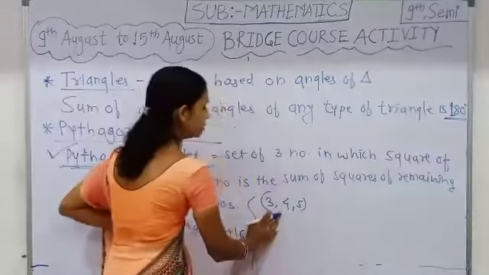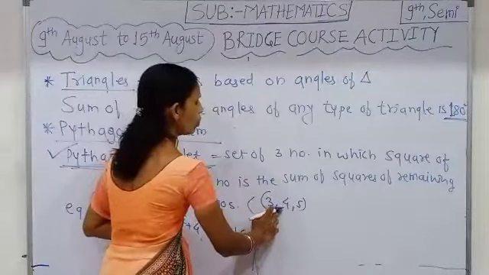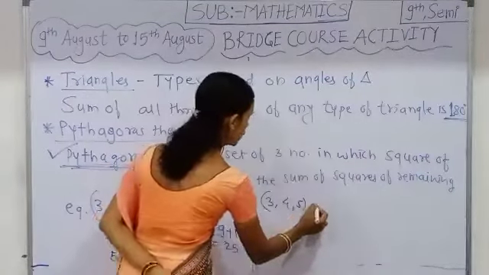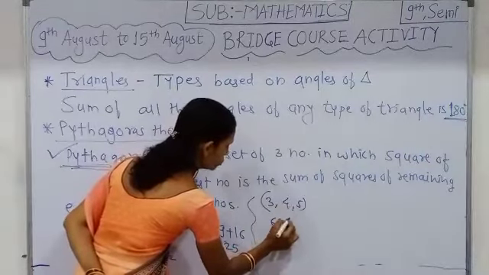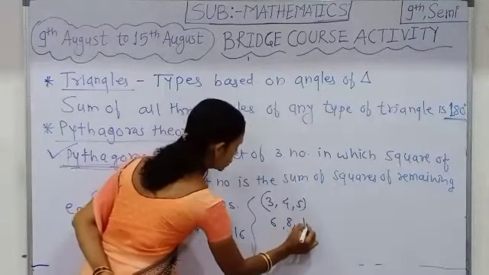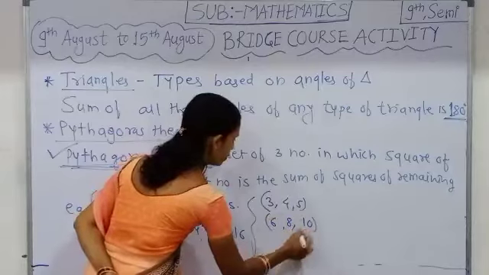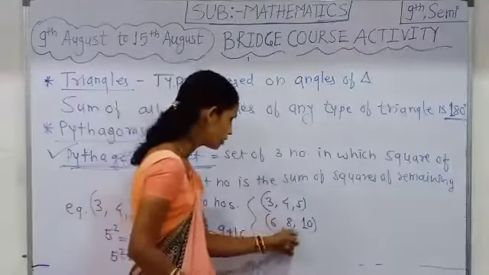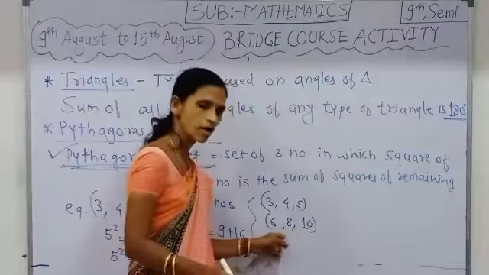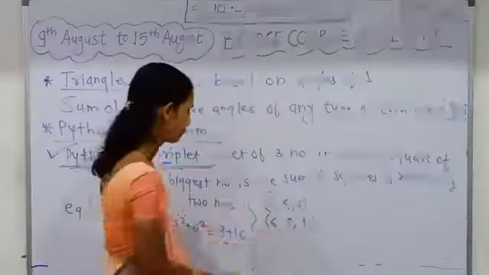If we multiply all these numbers by 2, then we get 3 2s are 6, 4 2s are 8 and 5 2s are 10. Then we have to determine whether these 3 numbers are a Pythagorean triplet or not.